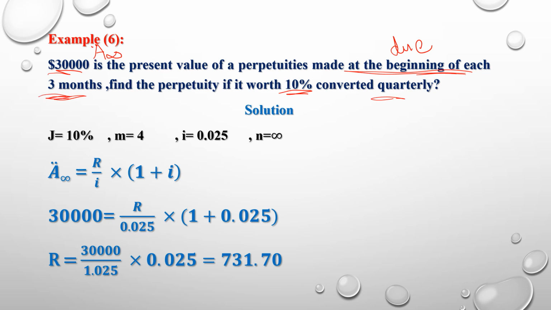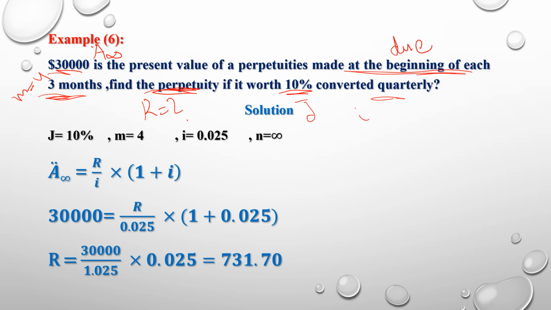3 months means the conversion of this perpetuity is each 3 months, so it's made 4 times a year, so m equals 4. Find the perpetuity, so he's asking you about the value of the perpetuity, which is R. If it's worth 10%, and this is j, converted quarterly, this means m equals 4.